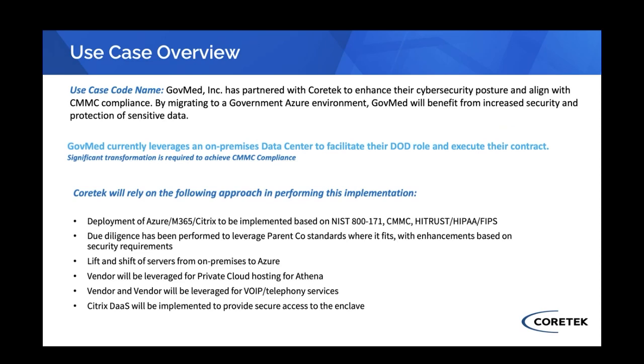And then in this use case, we are leveraging Citrix as a way for this enterprise to use this enclave. So holistically, it is an enclave, but it is their entire enterprise wide. All their business practices and everything for this client essentially runs through this CMMC compliant environment.